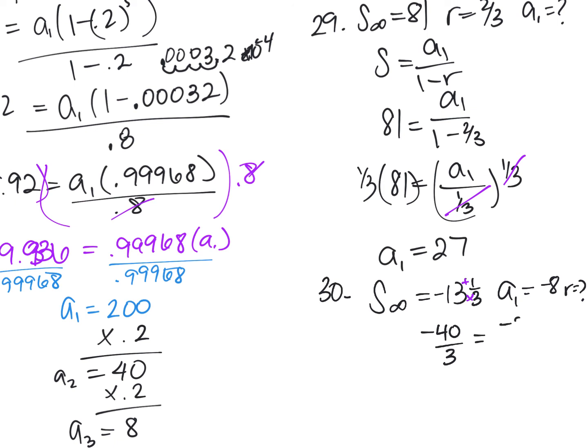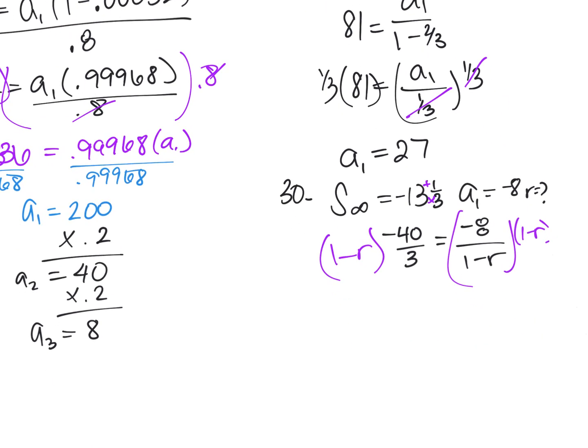That's going to equal negative 8 divided by 1 minus r. And we are going to multiply both sides by 1 minus r. We're going to leave it: negative 40 thirds times 1 minus r equals negative 8. And we're going to multiply by the reciprocal to get rid of that fraction.